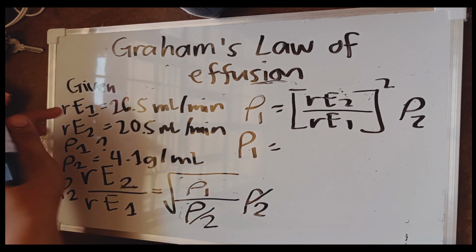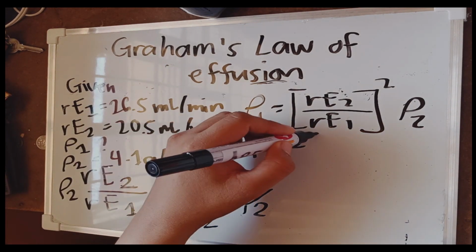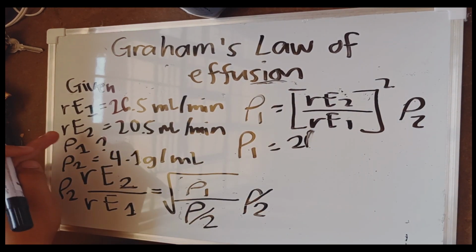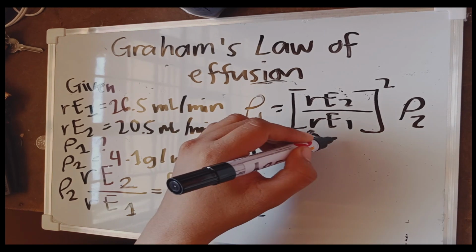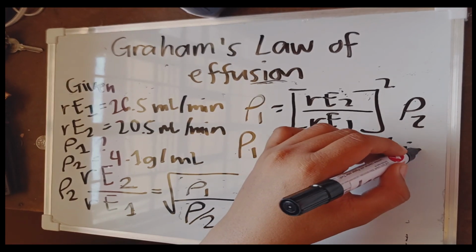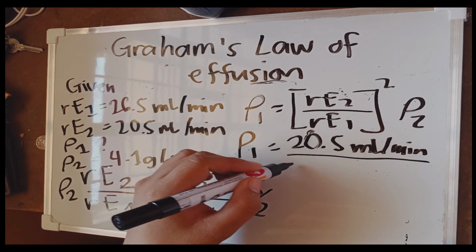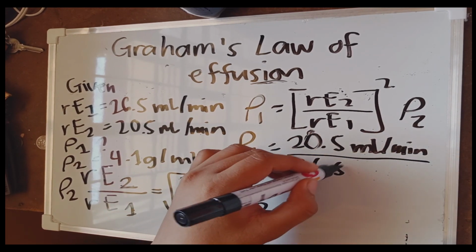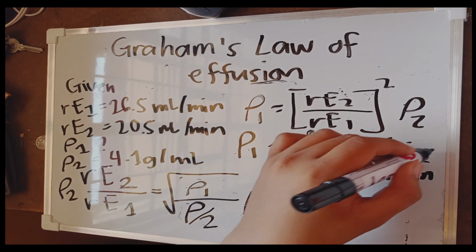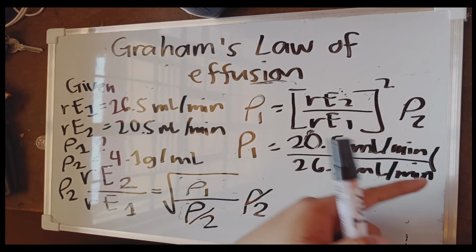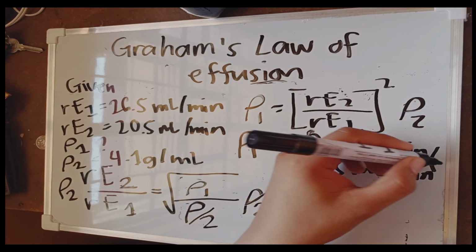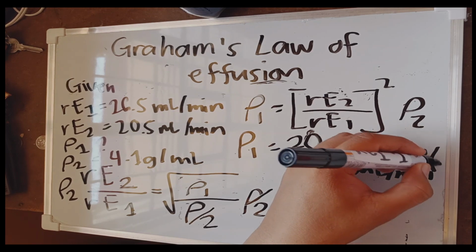Rate of effusion 1 is 26.5, sorry, 2 there. Rate of effusion 2 is 20.5 ml per minute over 26.5 ml per minute, multiplied by the density, which is 4.1.